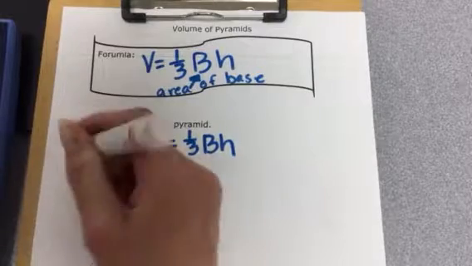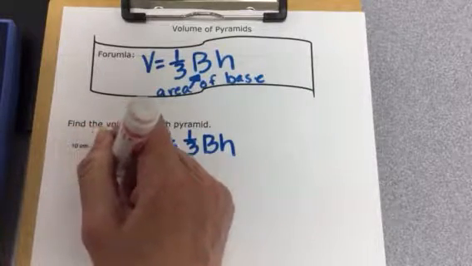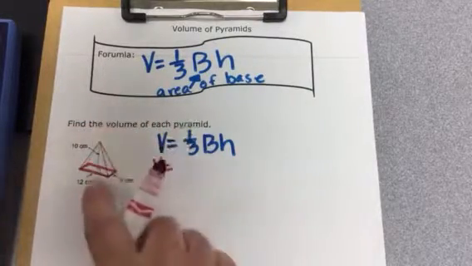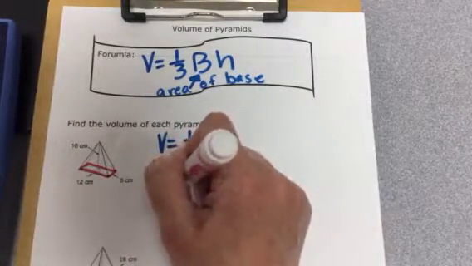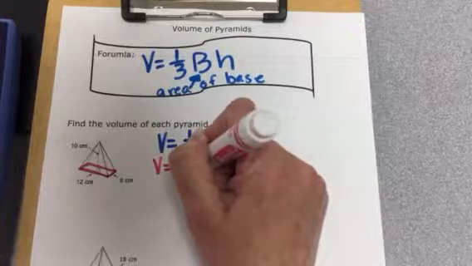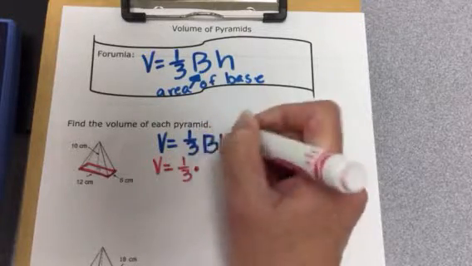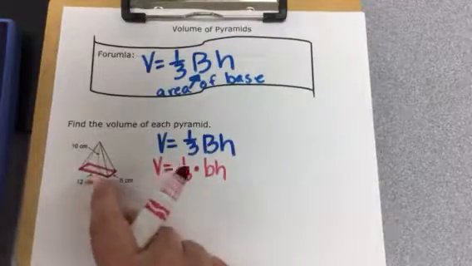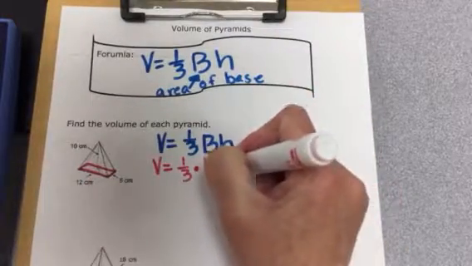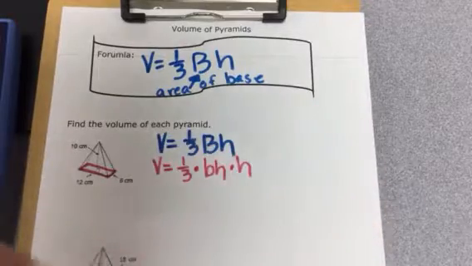Our base is in the shape of a rectangle, and we know the formula for the area of a rectangle, so we have 1/3 times base times height, because that's the formula for the area of a rectangle, times the height of the whole figure.